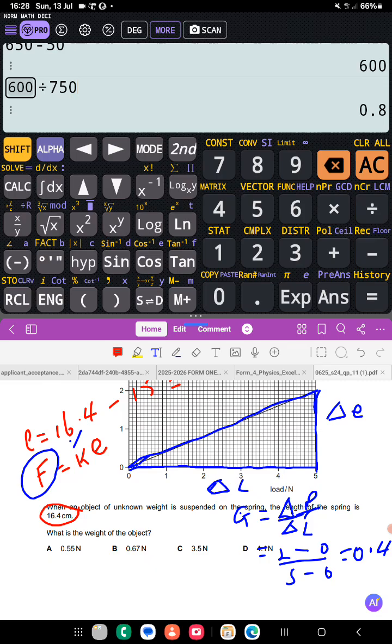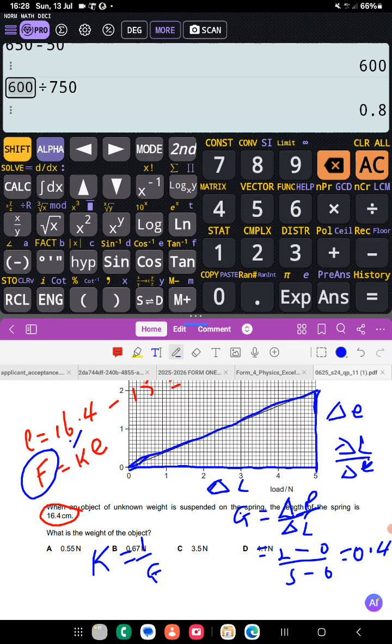So in this case, we take the reciprocal of the gradient: K is going to be 1 over the gradient. Why 1 over the gradient? Because the spring constant usually is supposed to be load over extension. But here we found the gradient of extension over load.